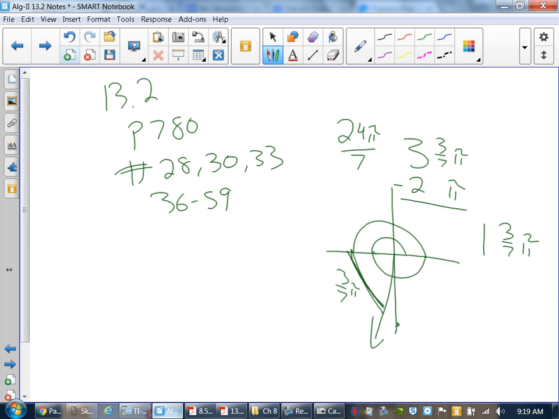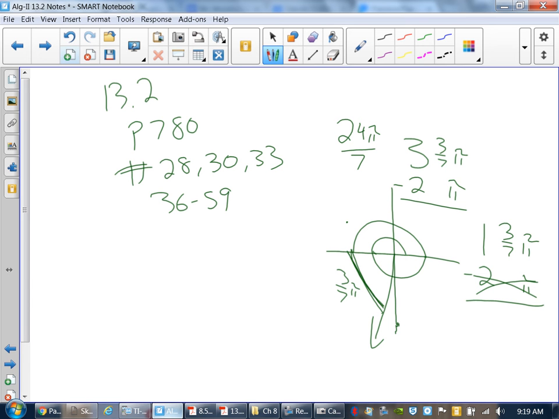To get the negative, I subtract 2 again. What's 1 minus 2? Wait, I could do it from negative. Because if I do minus 2, then I'm at 1. Yeah, negative 4/7, which makes sense because you're coming over, that would be up here. What did I mess up there?